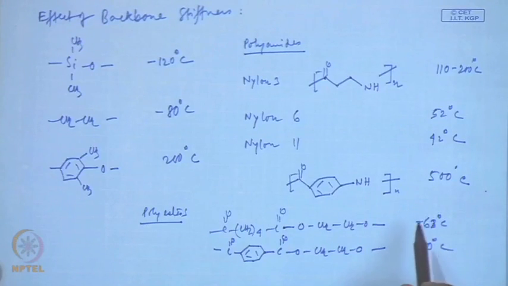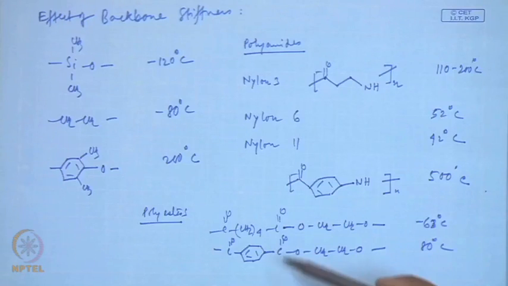You can clearly see here we only change this CH2 backbone with a much stiffer aromatic backbone, which restricts the rotational freedom around this chain, which makes the polymer backbone much stiffer, and hence the Tg goes up.